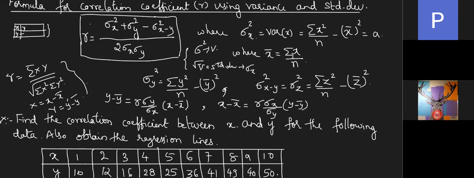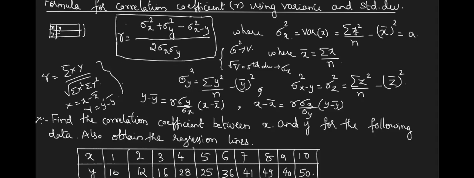We need to add all the x values divided by n. Even you can see that we require summation of x square, summation of y square and all also. When we are calculating variance, that time x bar is required.